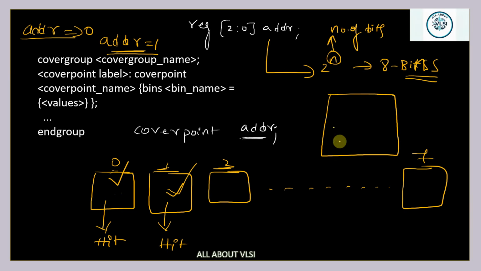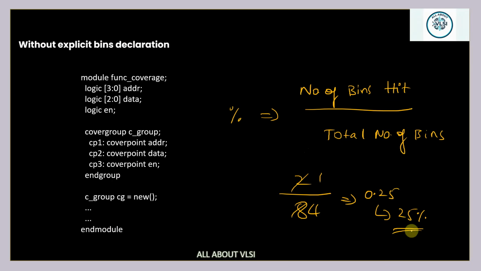So you develop another test case such that these bins are hit. That's how you write multiple test cases depending upon the coverage report, and you make sure the coverage increases from 25% to 100%.